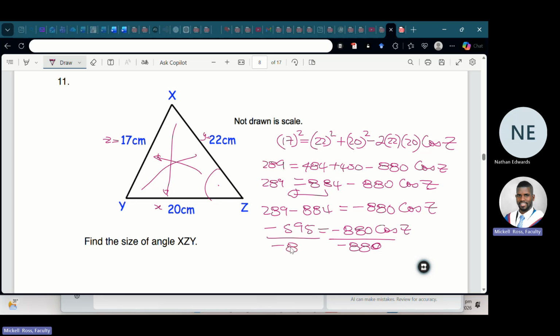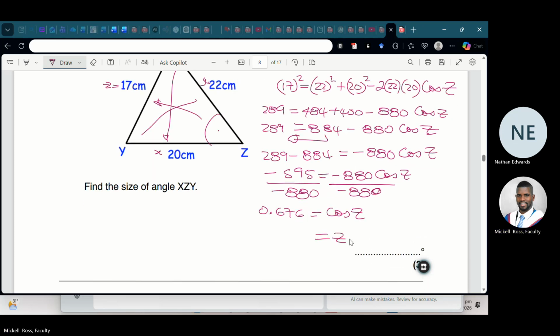Negative divided by negative gives you a positive. So we're going to end up with 0.676 is equal to cos of Z. But I want Z alone. So Z is going to be equal to cos inverse of 0.676.